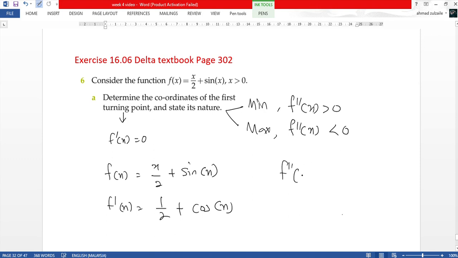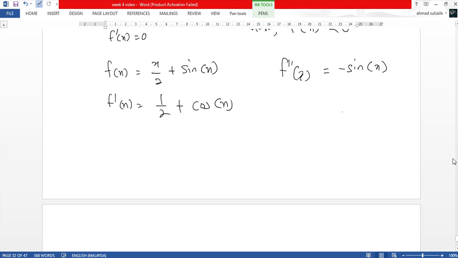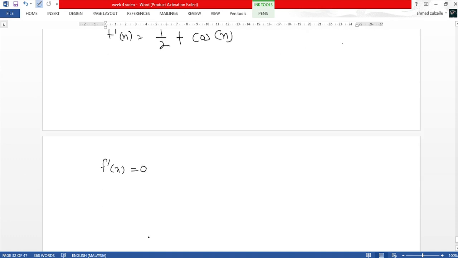Second derivative, you will have, differentiate 1 over 2 is 0, differentiate cos is negative sine of x. Okay, now since they asked to determine the coordinate of the turning point, we use f prime x equal to 0. Therefore 0 equal to 1 over 2 plus cos x.